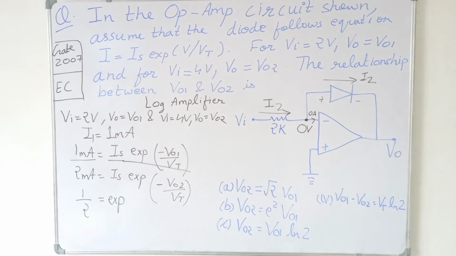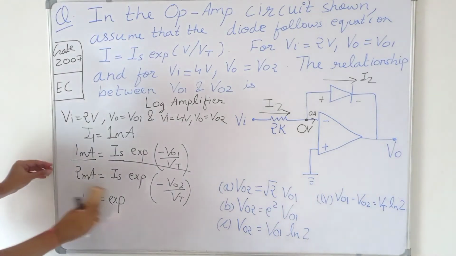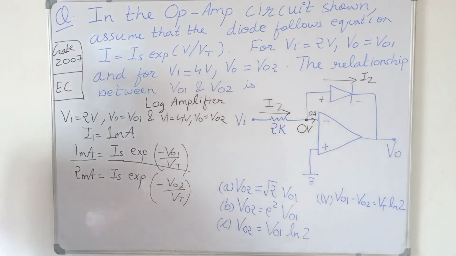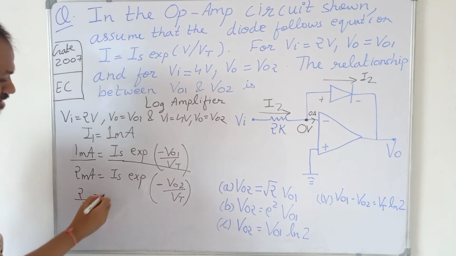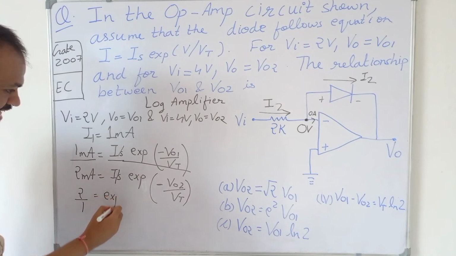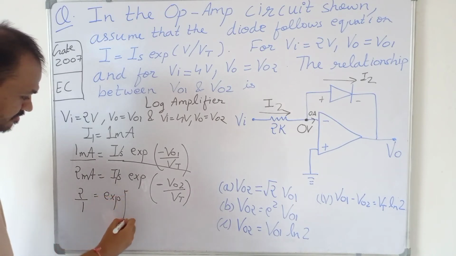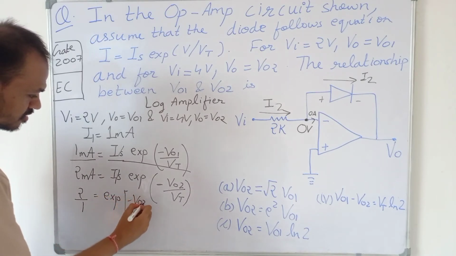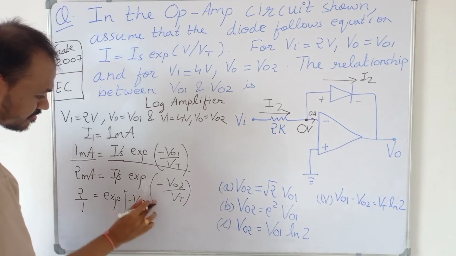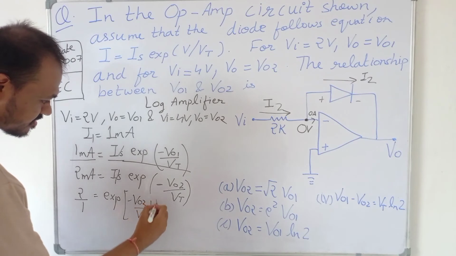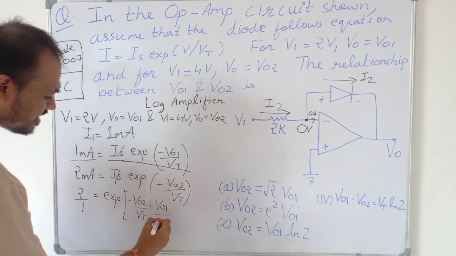Let's divide the second by the first. So 2 by 1 will be equal to, and Is will get cancelled, exponential of minus Vo2 by Vt plus Vo1 by Vt.